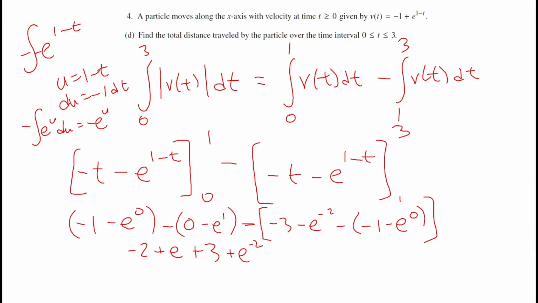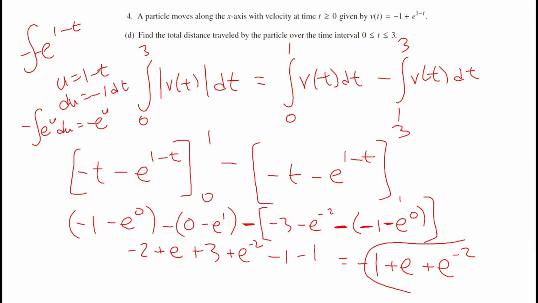And then we have a minus 1, and we have a minus e^0, which is going to be another minus 1. So it looks like what we end up with is negative 2 plus 3 is 1, minus 1 is negative 1, plus e^(-2).